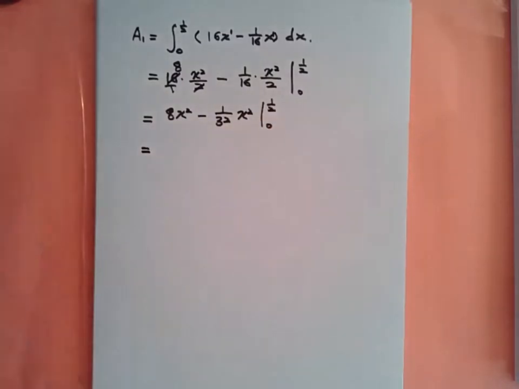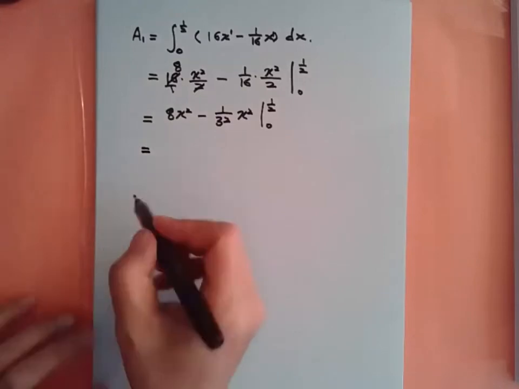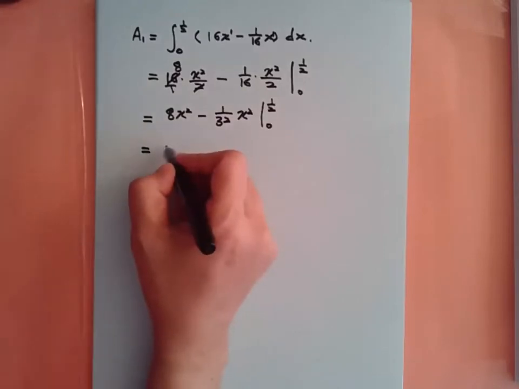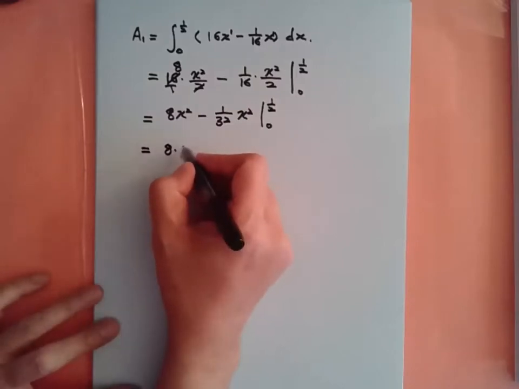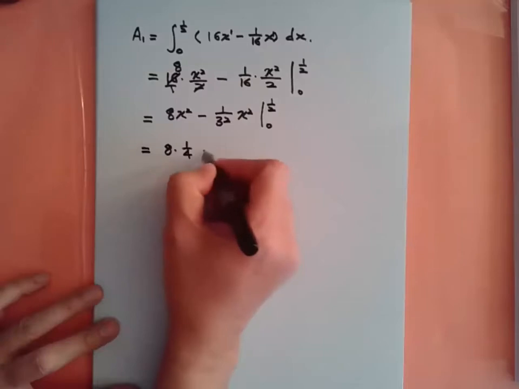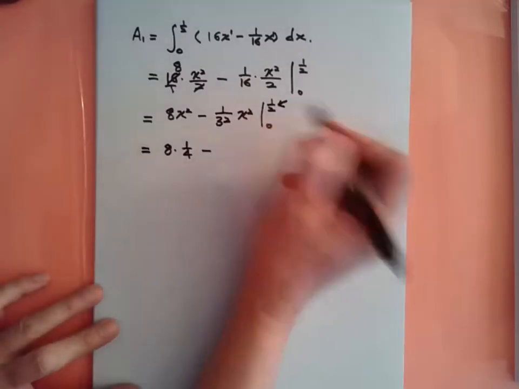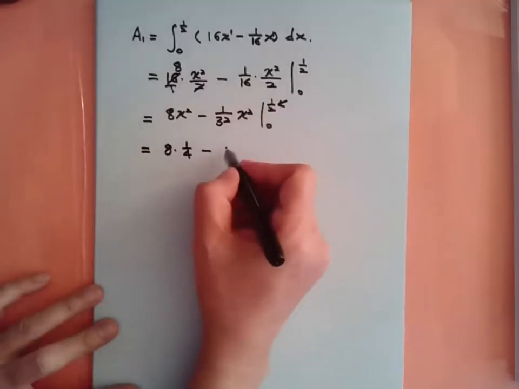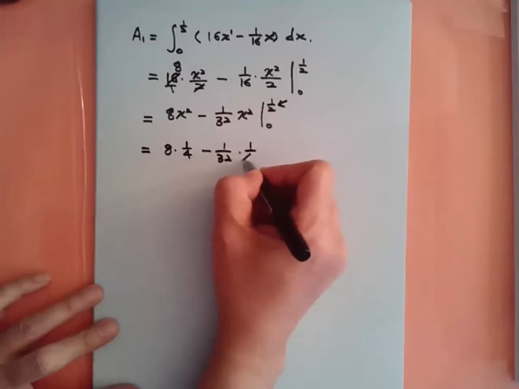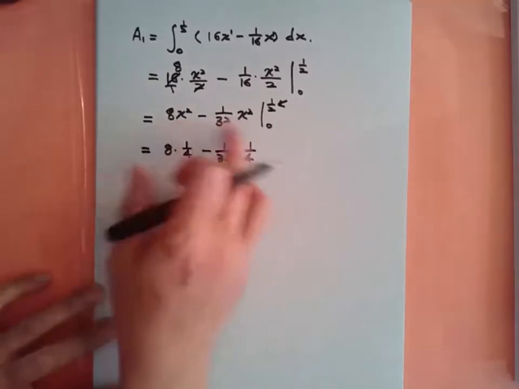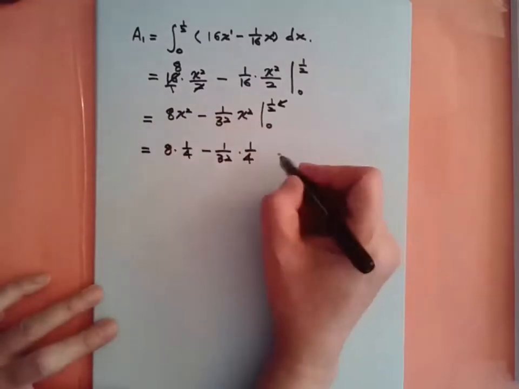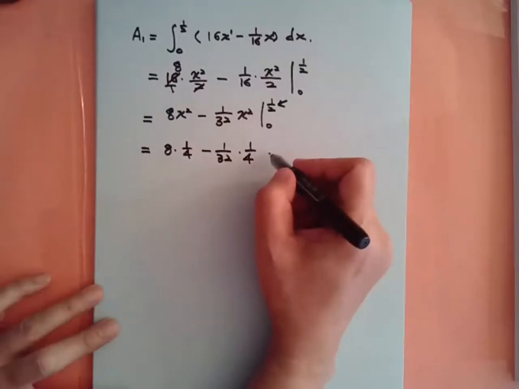The remaining step will be pretty mechanical. So that is 8 times 1 over 4. We plug in 1 over 2 minus 1 over 32 times 1 over 4. If you plug in 0 here, then those terms will vanish, so we don't have to think about that.